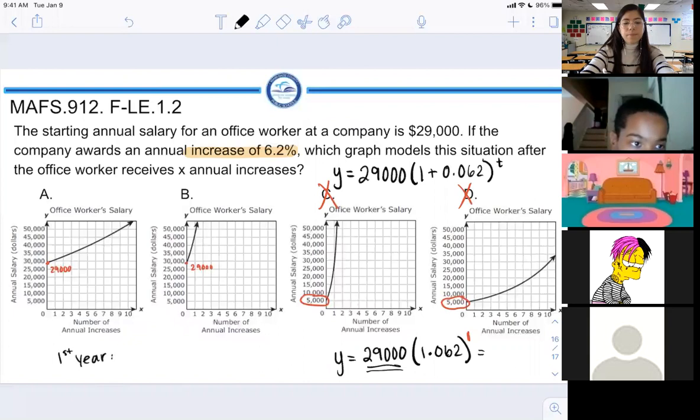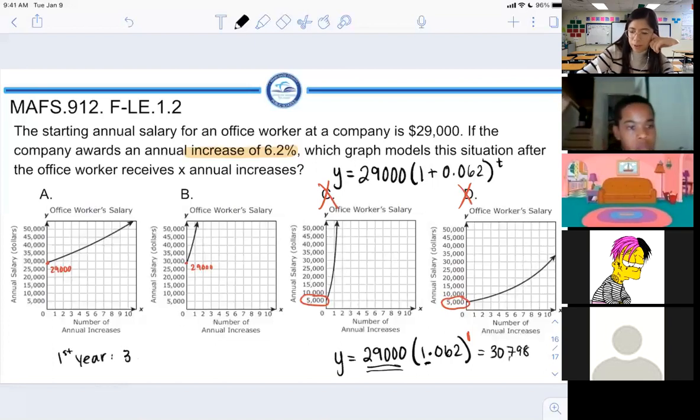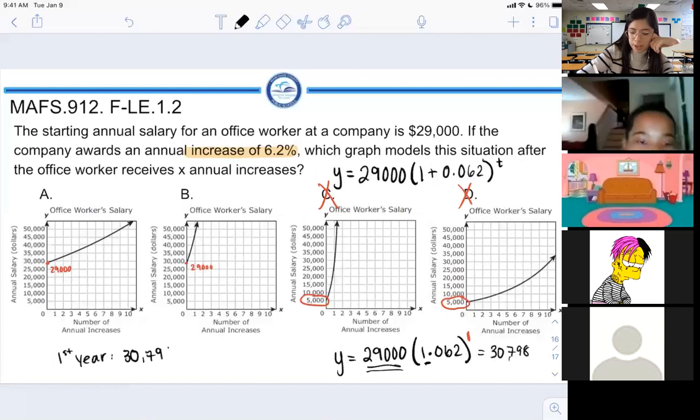What do we get? Don't forget, it's times 1.062. $30,798. So after 1 year, he should have $30,798.